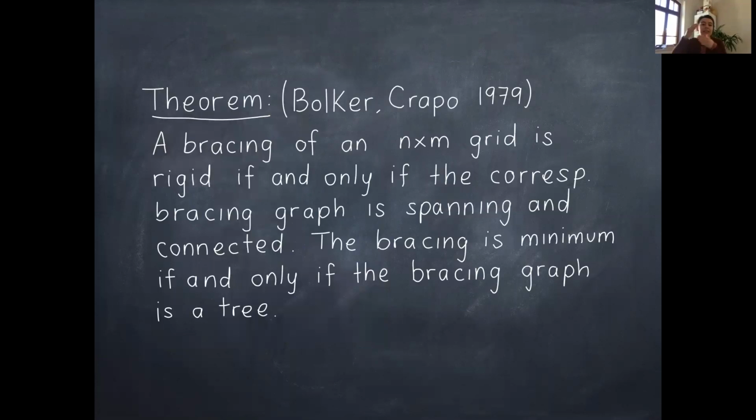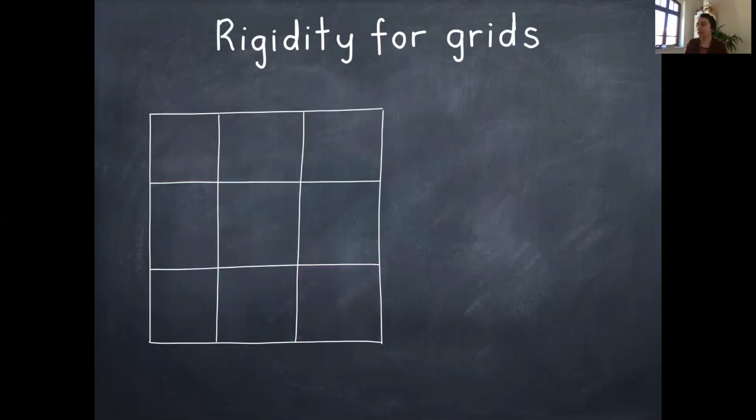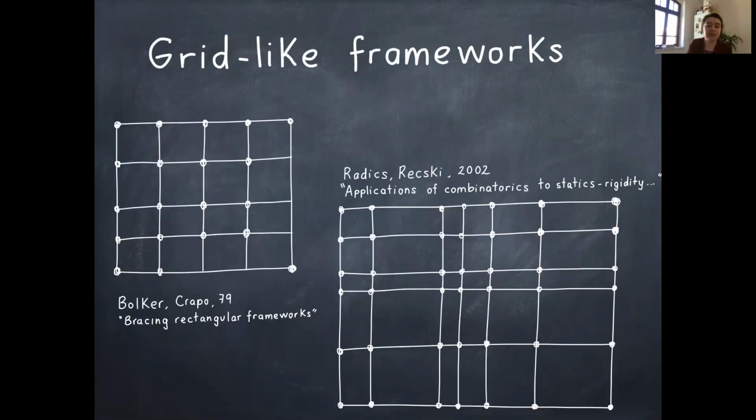And again, this theorem works even if your grid doesn't look like a grid of squares, okay? So you could have parallelograms of different sizes, like the one I have here on the right.